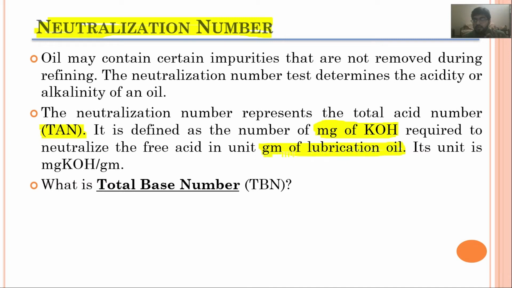The higher the TAN number, the more undesirable it is, because it means your lubricant oil has higher acidity. The unit for the TAN, the total acid number, is milligrams of potassium hydroxide per gram.